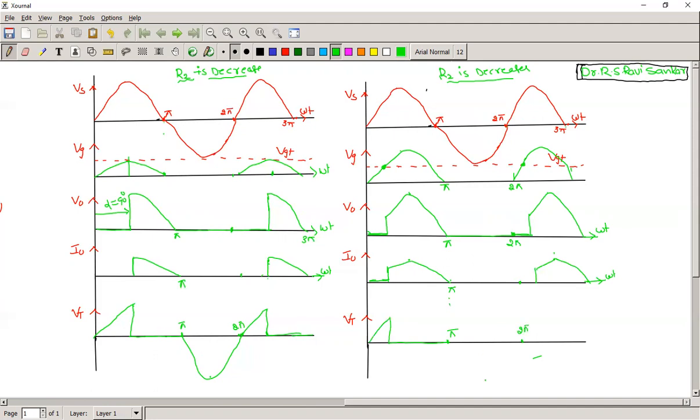The voltage across the SCR becomes negative, because once the device is off, the voltage across the SCR becomes the source voltage, that is negative. That happens up to this point, till the SCR is on. Again, once the SCR is on, the voltage becomes 0.